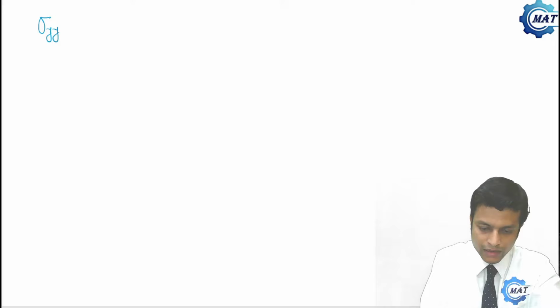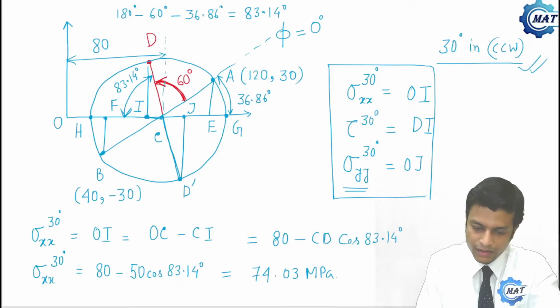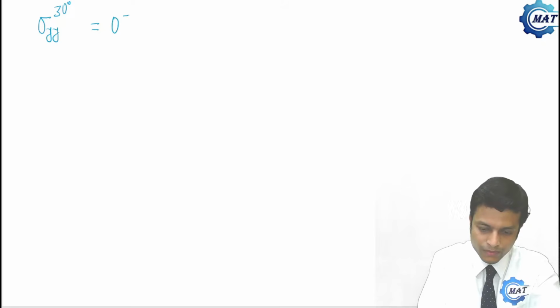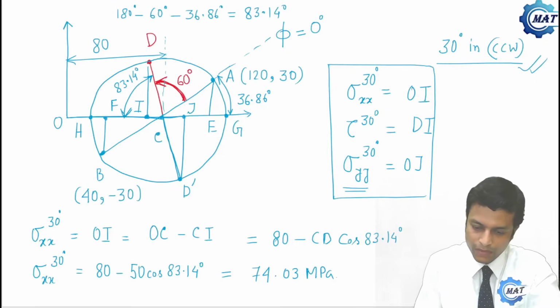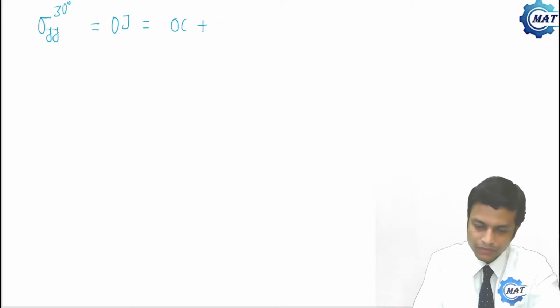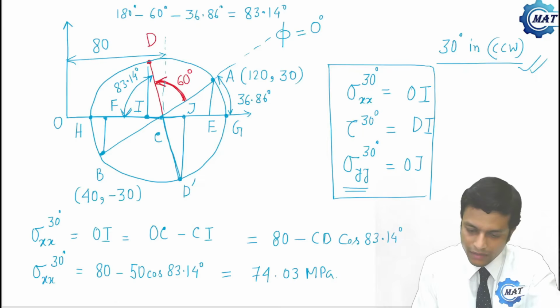Now let us calculate what is sigma YY 30 degree. Sigma YY 30 degree is OJ, O to J. That is OC plus CJ. OC is 80. What is CJ? Let us calculate CJ.